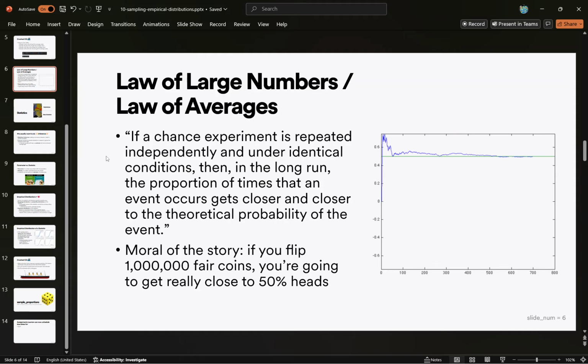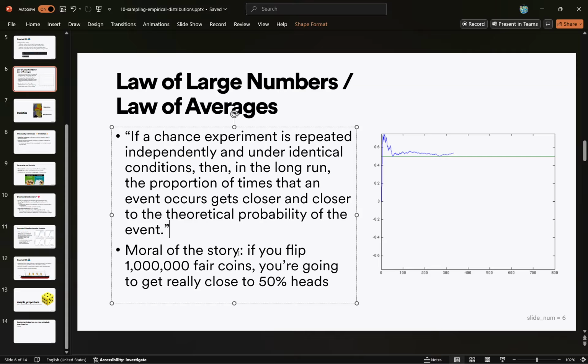If a chance experiment, some sort of thing that we're doing that is left to chance, we're doing something random, is repeated independently, like one flip of the coin does not influence the next flip of the coin, your thumb never gets tired, and under identical conditions, then in the long run, the proportion of times that an event occurs, like a heads or a tails, gets closer and closer to the theoretical probability of the event. All right. So that's a phrase that will become very apparent soon.